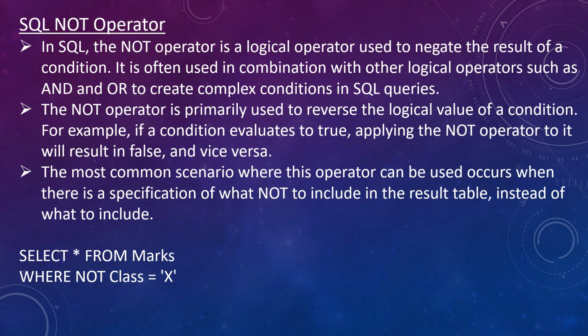Basically it means I don't want the class 10th records, and I want all the columns for the records of all the other classes in our given input table. So this is one of the most common scenarios where this NOT operator is very useful. We can see this is the query: select star from marks where NOT class is 10th. So this is the syntax for using the NOT operator.